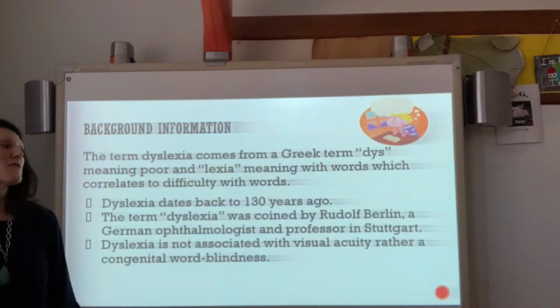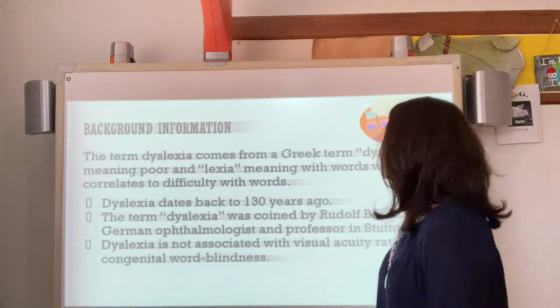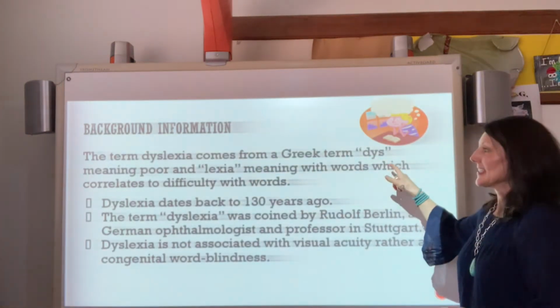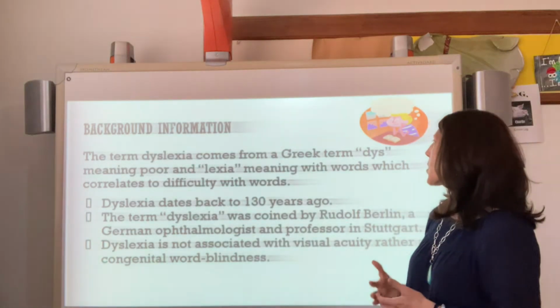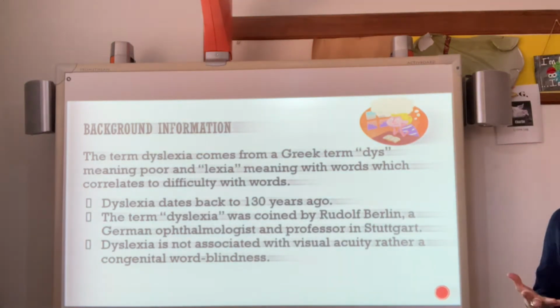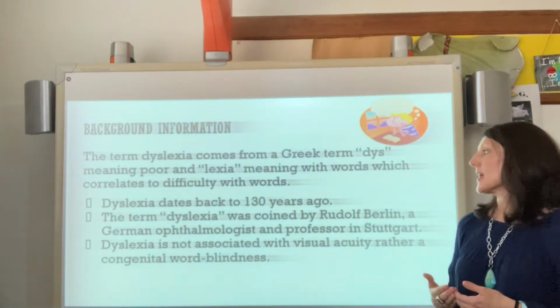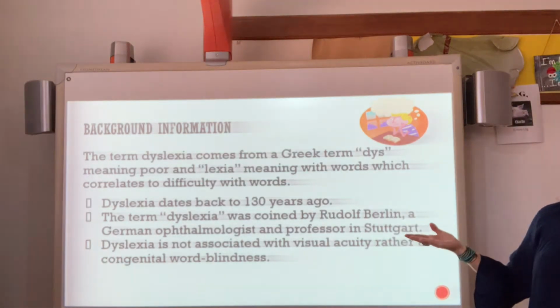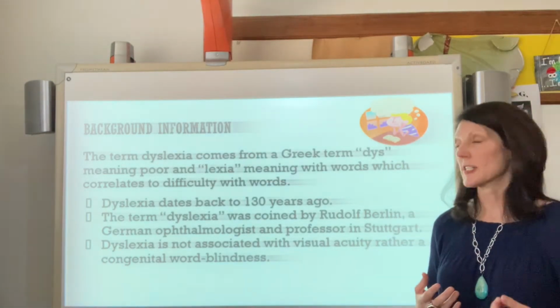Okay, background information. The term dyslexia comes from a Greek term, dys, meaning poor, and lexia, meaning with words, which correlates to difficulty with words. Dyslexia dates back 130 years, so it's been around for a really long time.